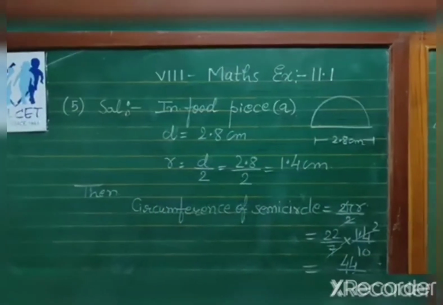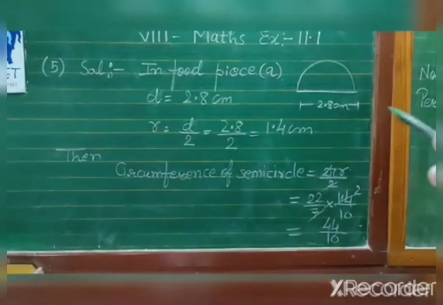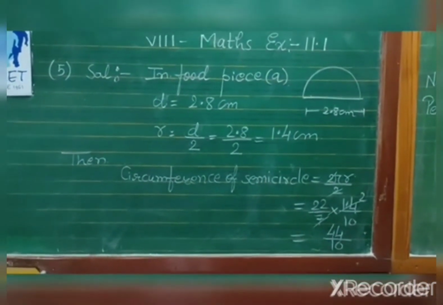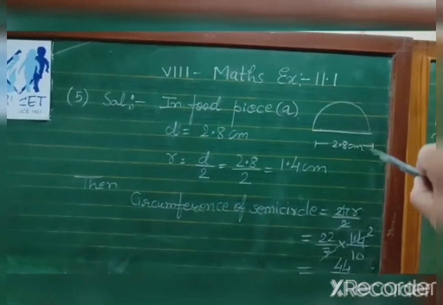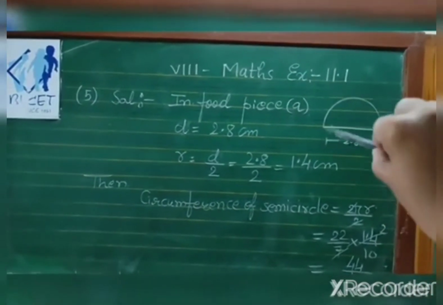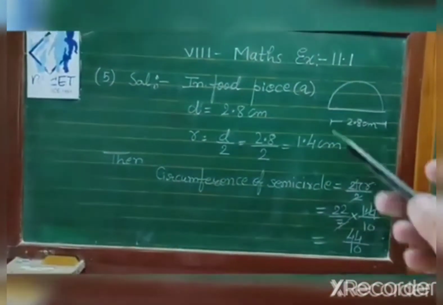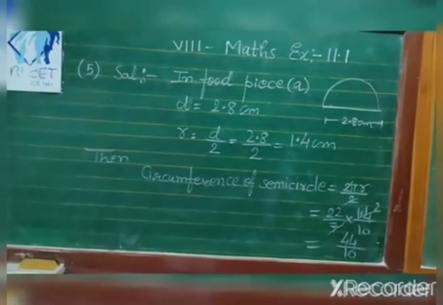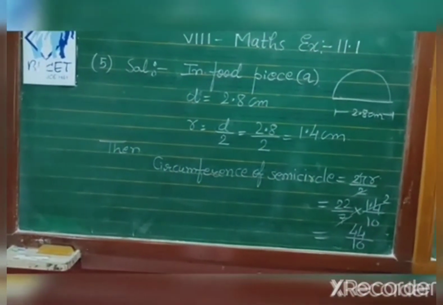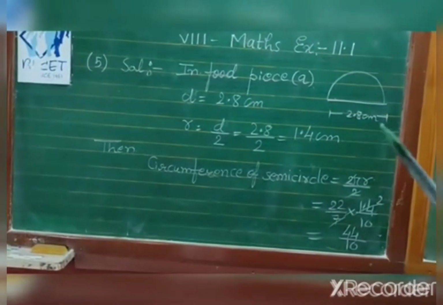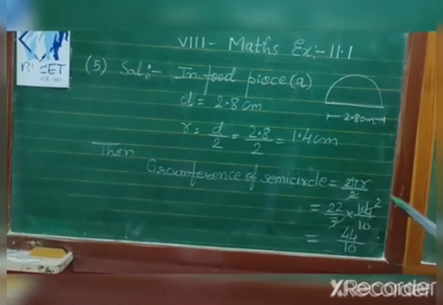Now you can see the shape of food piece A. 2.8, that means diameter is 2.8 centimeter, and we will take the round of the outer part. Okay, so in food piece A diameter is 2.8 centimeter, so radius is just half of the diameter, so 1.4 centimeter. Now circumference of circle is 2 pi r, we want half, since it is a semicircle, so divide by 2, so pi r.